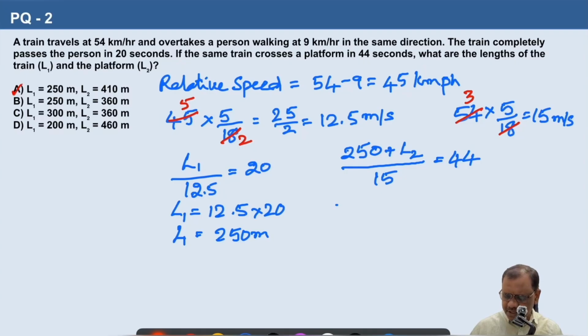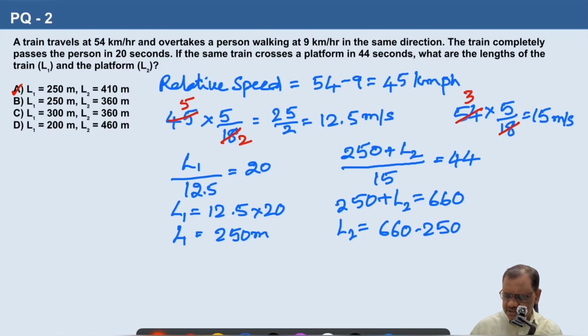So by cross multiplication, 250 plus L2 is equal to 15 fours 60, 6 carry, 15 fours 60 again, plus 6 is 66, so 660. So L2 is equal to 660 minus 250.